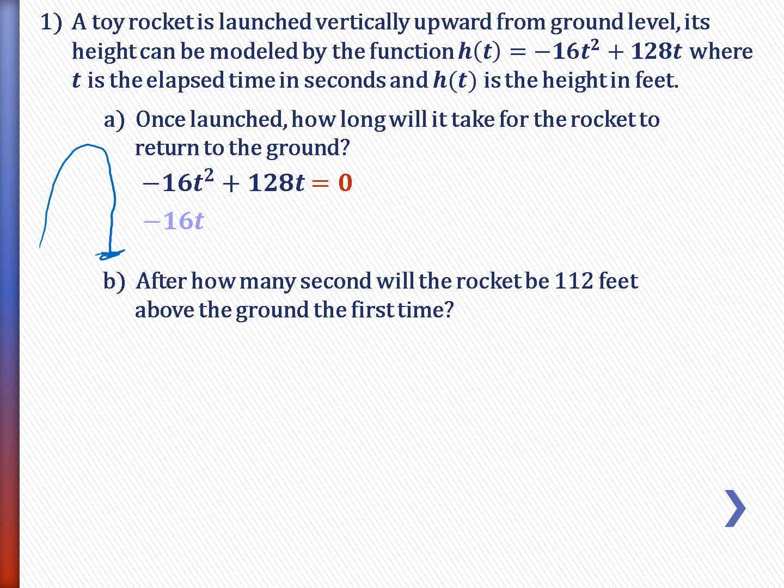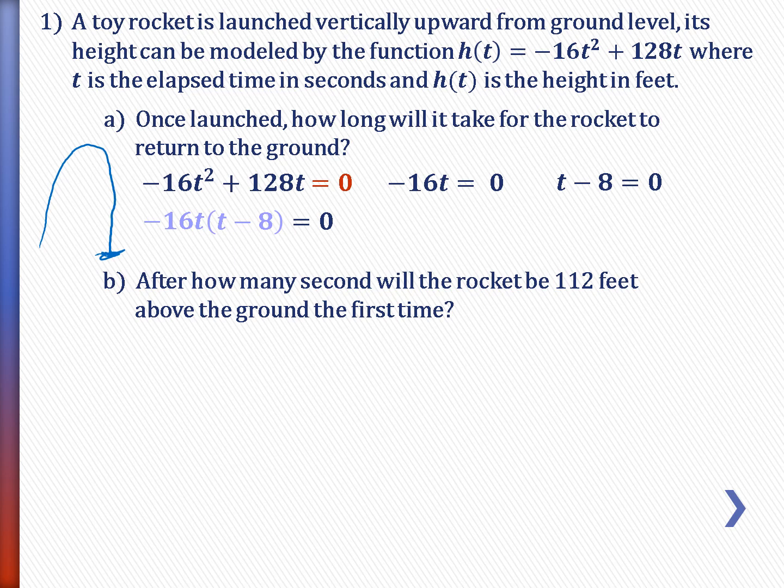And when I factor the GCF of negative 16t out, I'm left with t minus 8. So if you recall, what we do now is take each factor and set it equal to 0. So I have negative 16t equals 0 and t minus 8 equals 0.